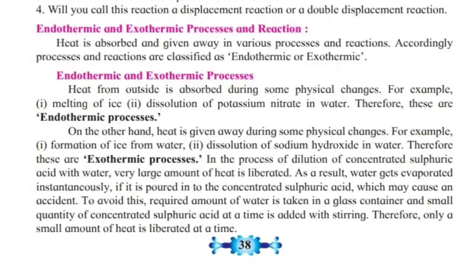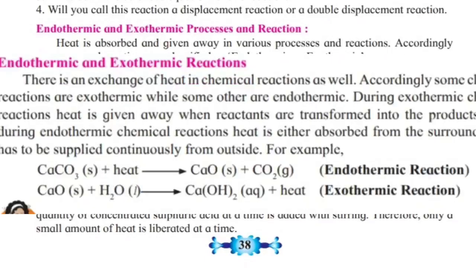Let us study now the endothermic and exothermic processes and reaction. In endothermic reaction, heat from outside, that is the surroundings, is absorbed to bring about the chemical change, or heat is continuously supplied from outside. For example, calcium carbonate plus heat giving you calcium oxide plus carbon dioxide.